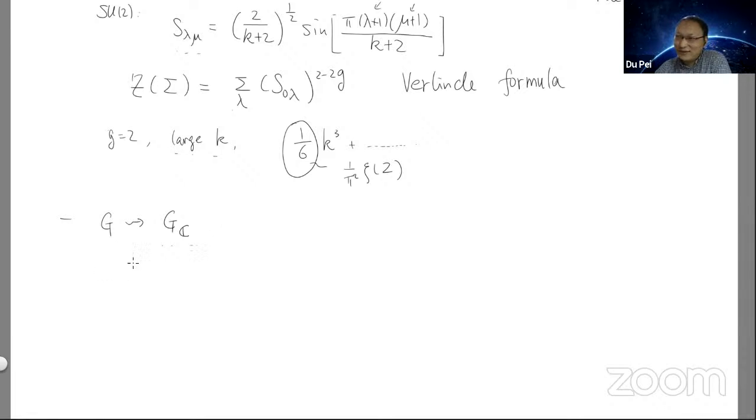Recall that the first interpretation is in terms of either CFT or VOA, so fusion rules in VOA. The second one is in terms of 3D TQFT.